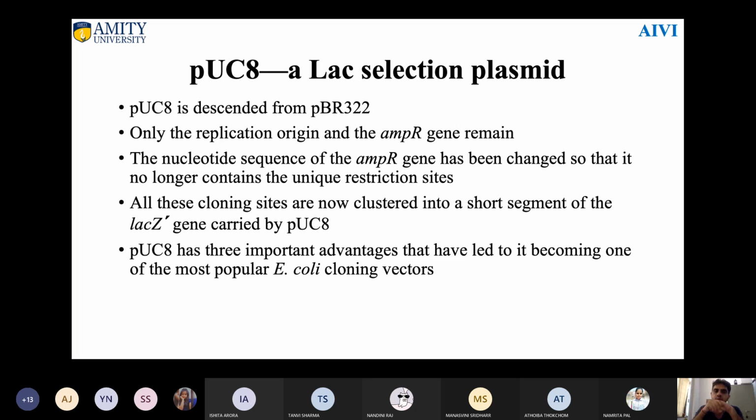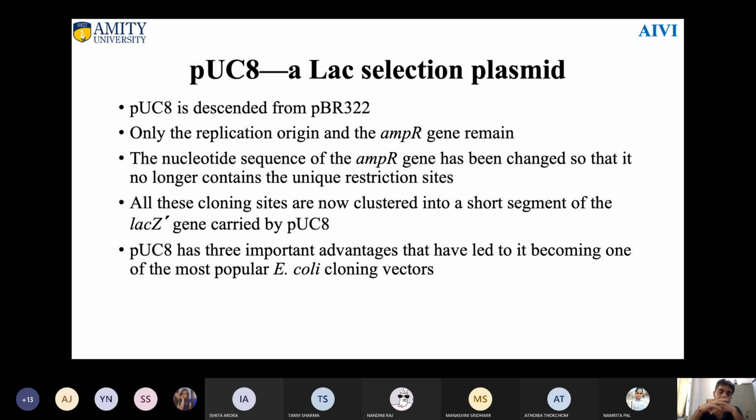The selection that we are going to do is going to be a different way. We removed the tetracycline, so on the basis of tetracycline, you can't select. And second, you also remove the restriction site from your sequence, so that you can use this gene for the selection.